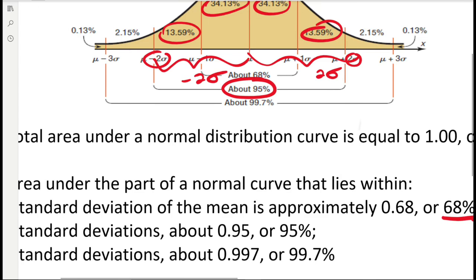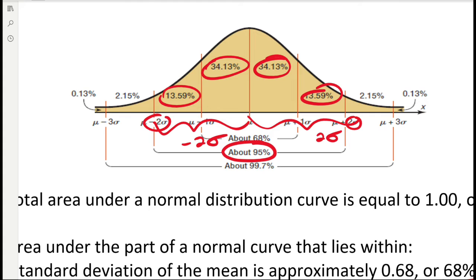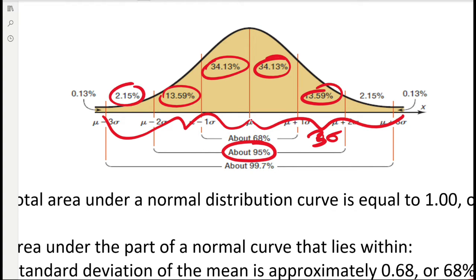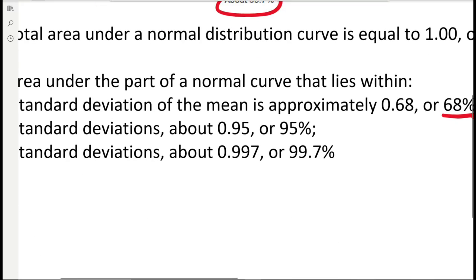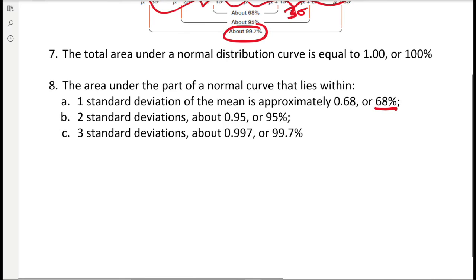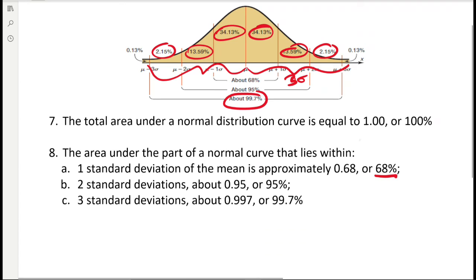What about 3 standard deviations? If we do 3 standard deviations, then we're going to basically increase this part all the way to 3 sigma and minus 3 sigma, and we're covering more of the curve. So at this point, it looks like we're covering almost 100% of the curve. And in fact, if you add up the probabilities within 3 standard deviations, you get almost 100%. In fact, 99.7%. And this rule right here always works for any type of normal distribution.